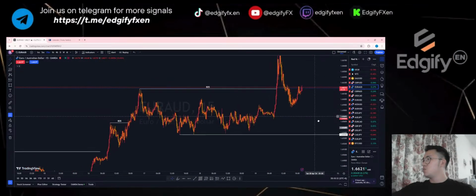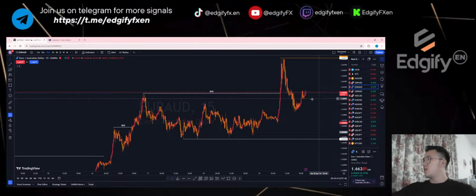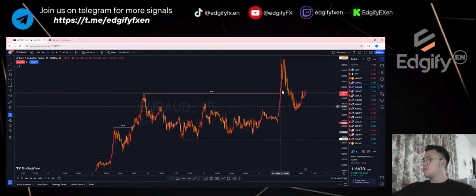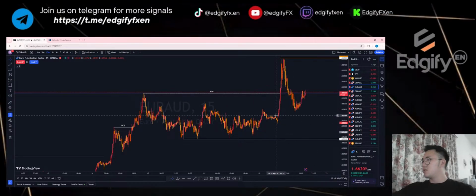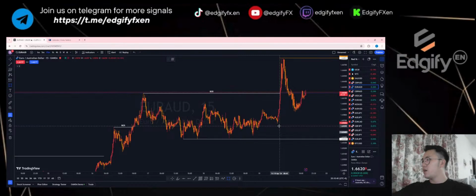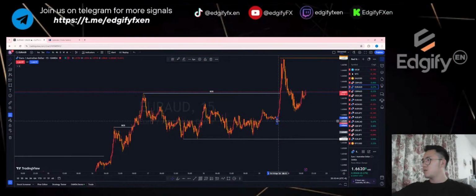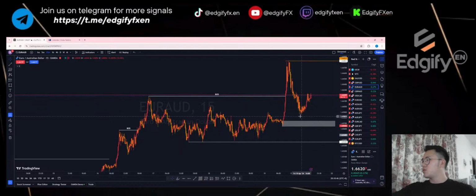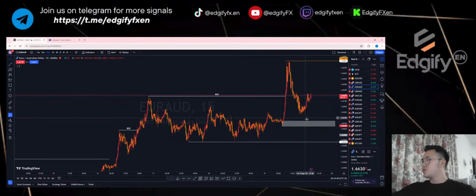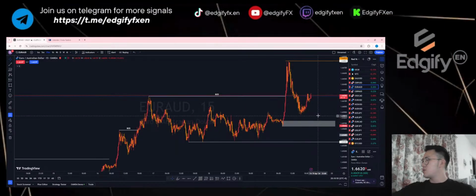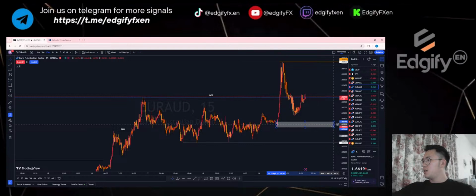So obviously we can know 50 is about this level here. Is there any demand area below the 50? We do have, but it's here. If you see this, we are not in yet, so obviously we can't hop in at the moment.